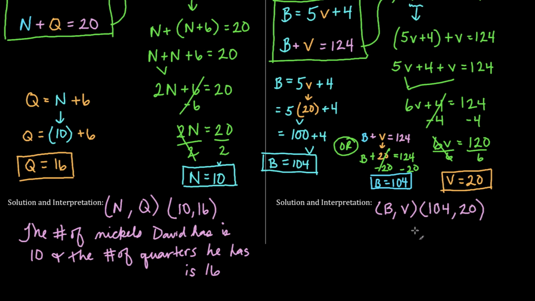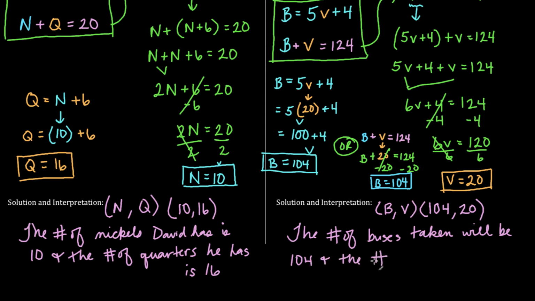So the number of buses taken will be 104. And the number of vans taken is 20.